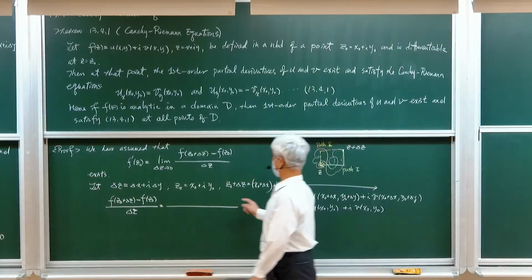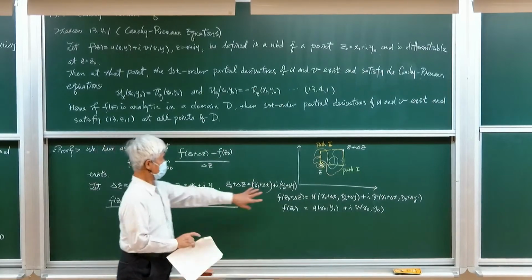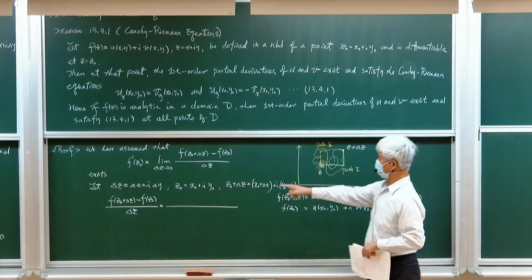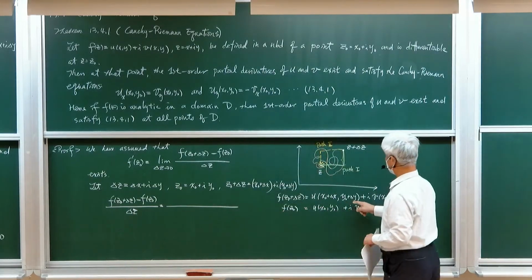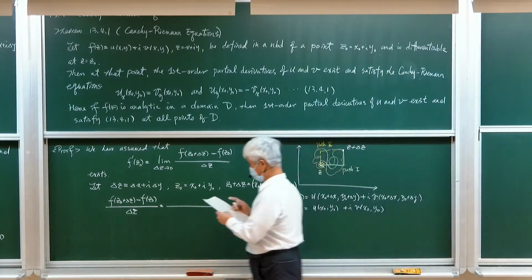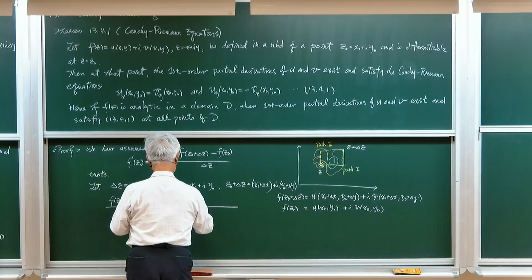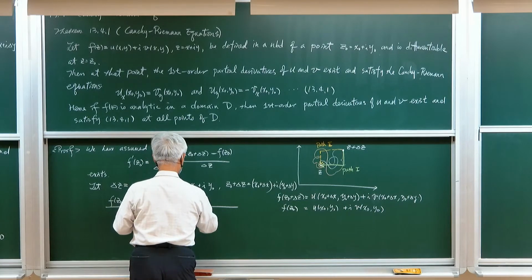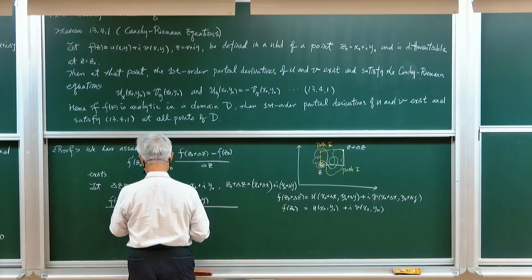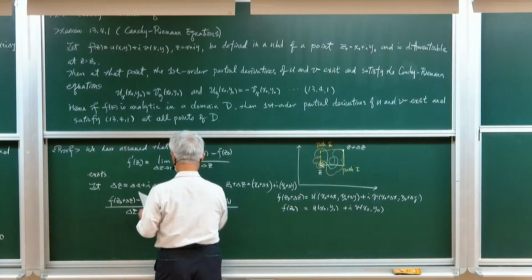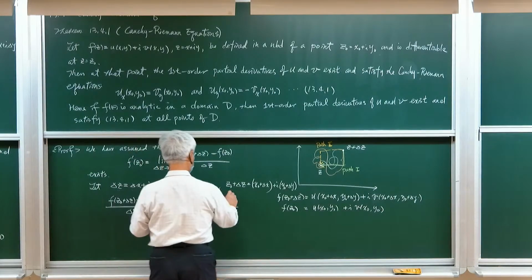All right, so when we see the difference in the numerator, the real part comes to be u of x0 plus delta x, y0 plus delta y, minus u of x0, y0. So this is the real part.